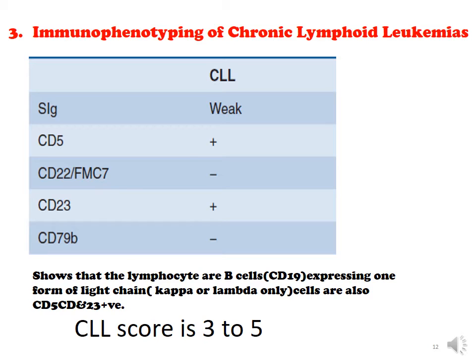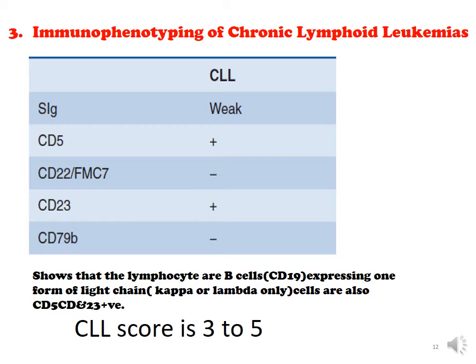How to know it is more specifically a CLL? We are going to use the scoring system present in this table, up to five. Four and 5 are considered sure for CLL, and 3 is going to be considered a case of CLL, but below 3 you need to do more investigations to know what type of lymphoproliferative disorder you might have.